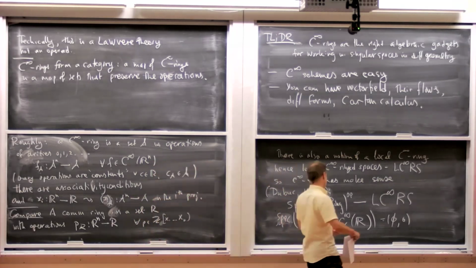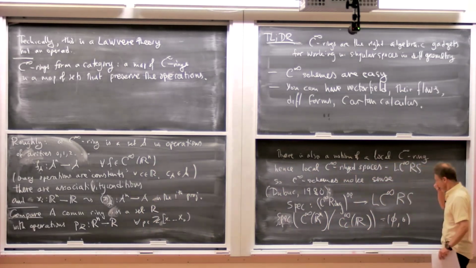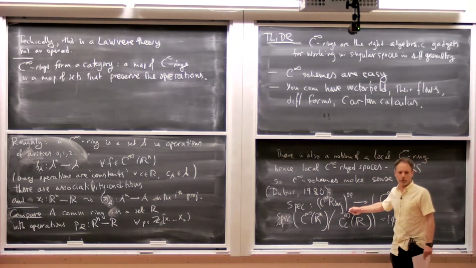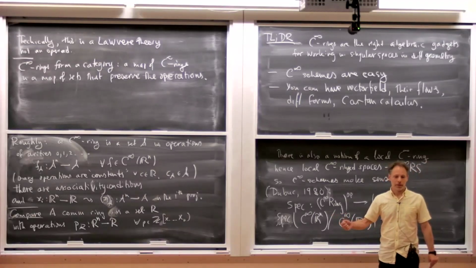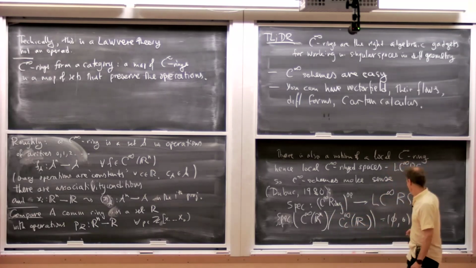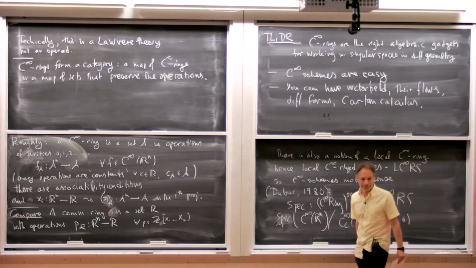And the thing I didn't say here: how would you define Spec in general? Not as a construction. It's the right adjoint to the global sections functor. If you define local C-infinity rings the way I did, it's a theorem that it has a right adjoint, and it's Spec.